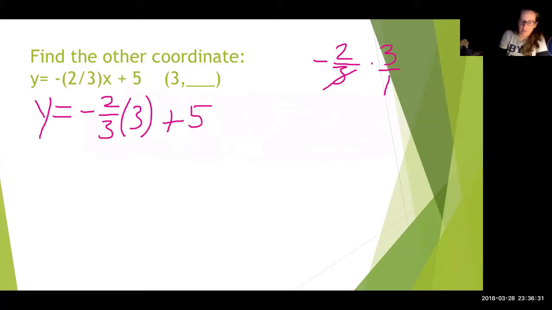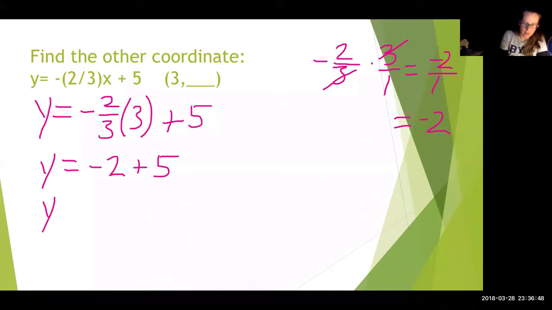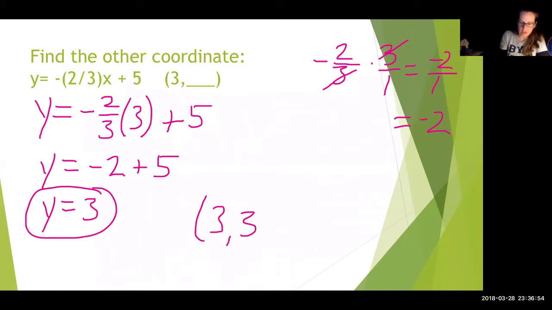These two are diagonal from each other, so they cancel out, and we get negative 2 over 1, which is the same as saying negative 2. Okay, so we have y is equal to negative 2 plus 5. Negative 2 plus 5 gives us 3. So y is 3. So our coordinate is actually 3, 3.